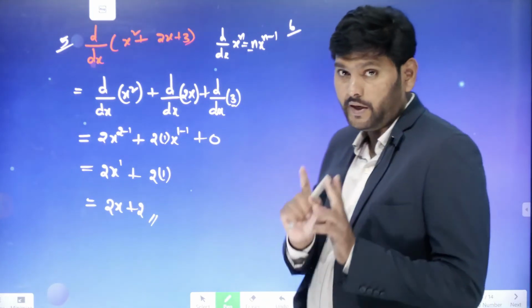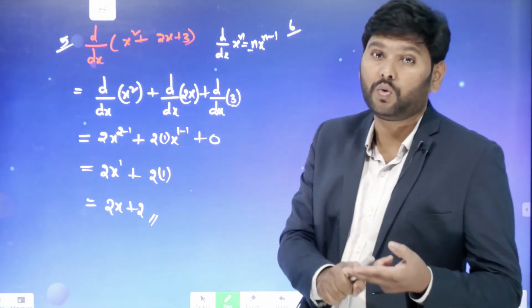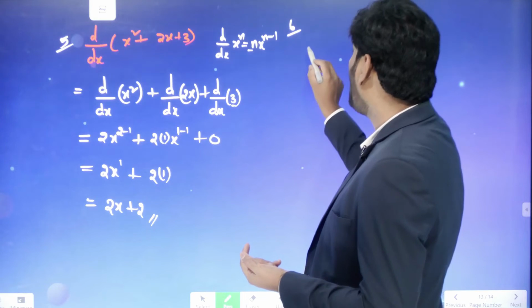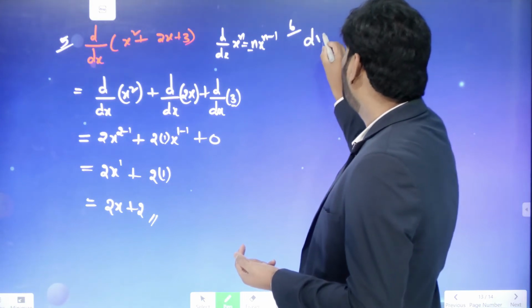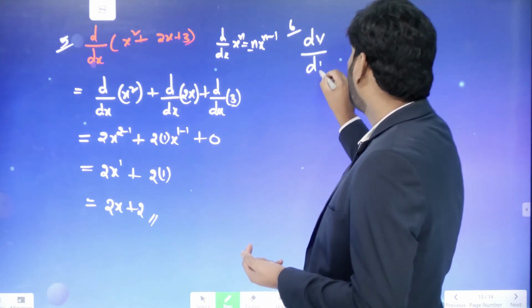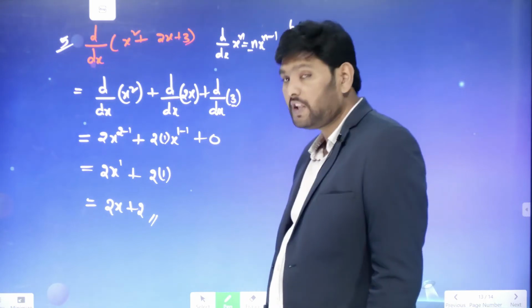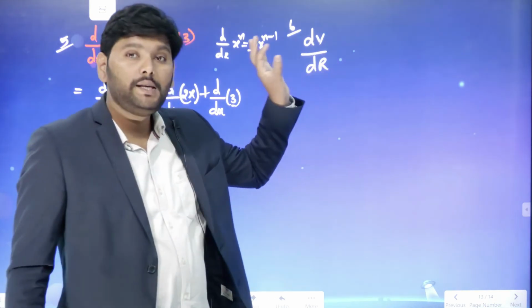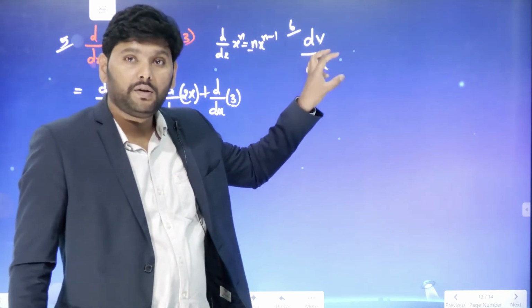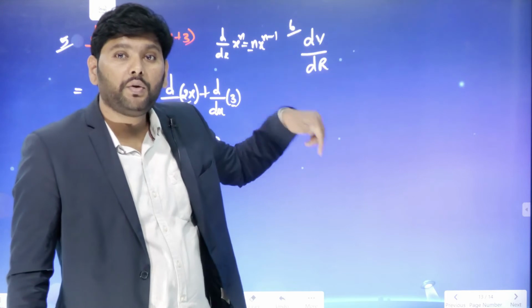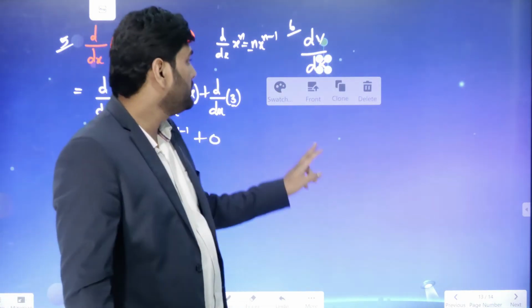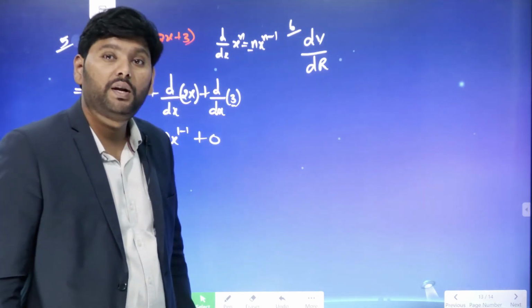First, let me find the rate of change in volume with respect to r. The rate of change in volume with respect to r, you can write as dV by dr. So here V is the function. To this function we are doing differentiation with respect to the radius.